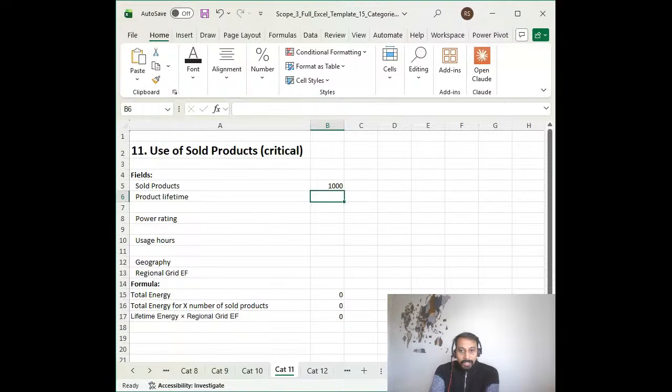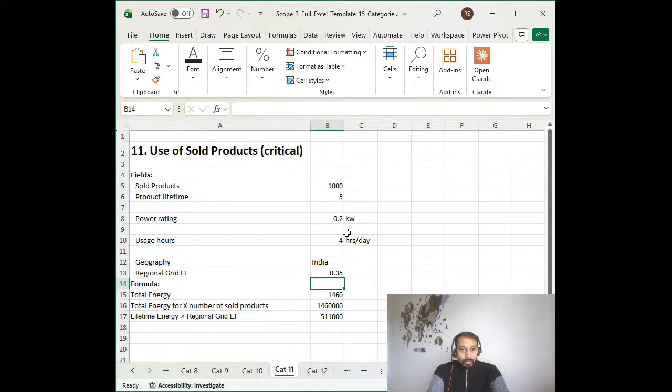Then the product lifetime will be 5 years, which is how long that electronics item is going to last. Power rating is 0.2 kilowatts. Usage hours, 4 hours per day. Let's say the geography is India.